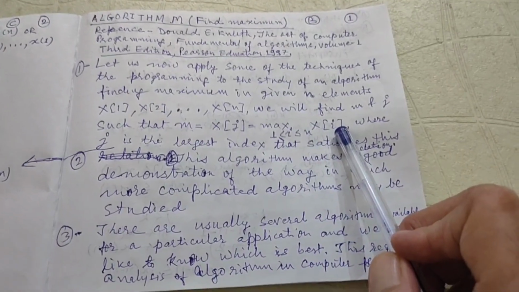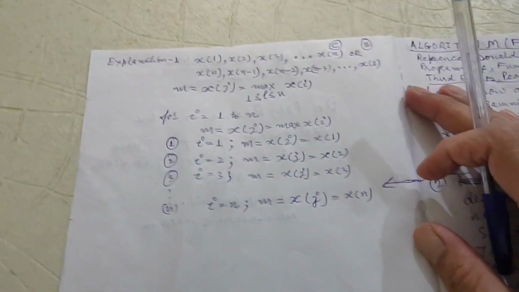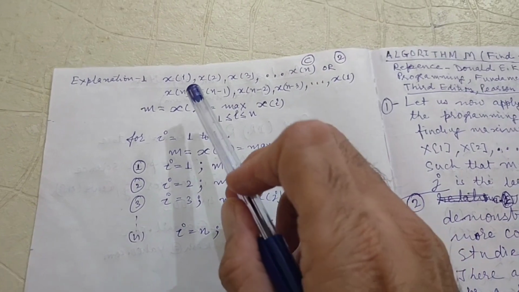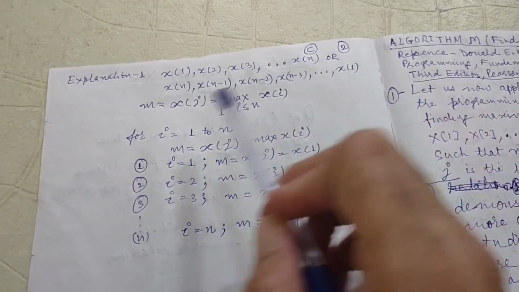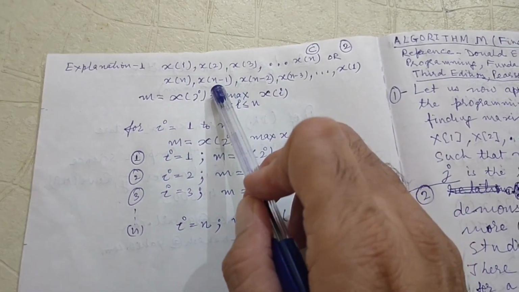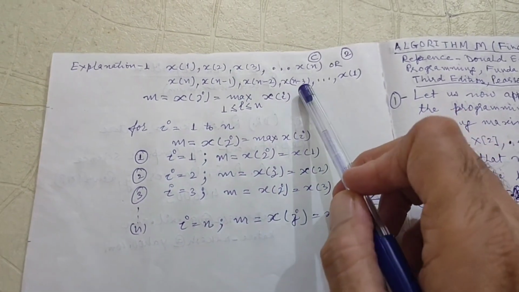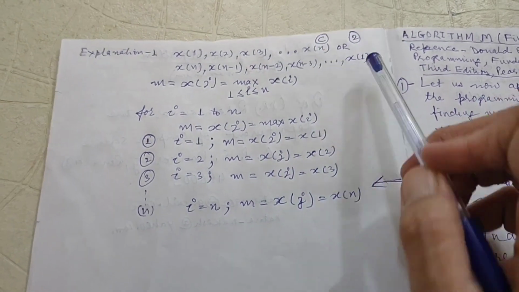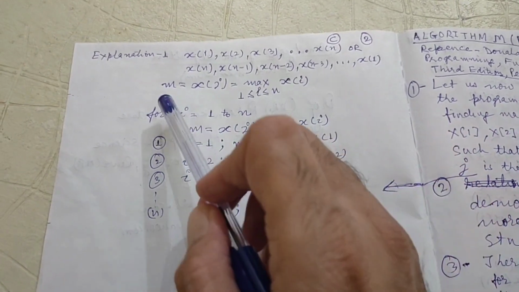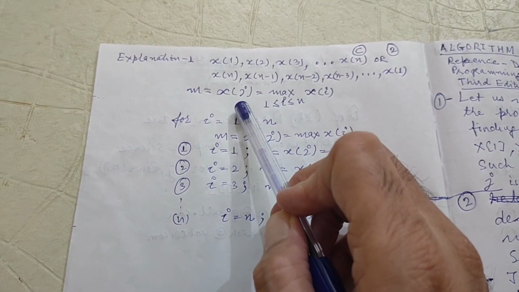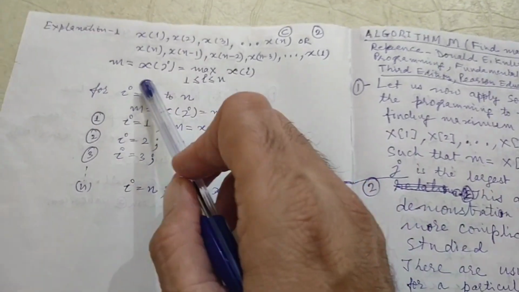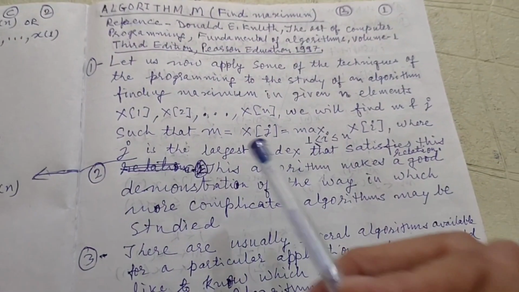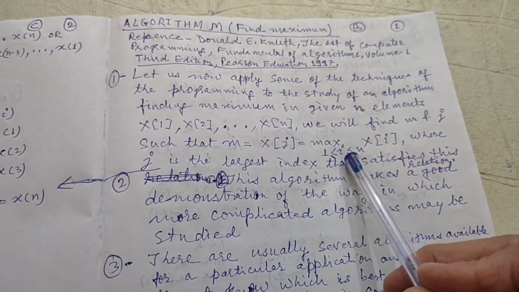What does it mean? It means x1, x2 up to xn, or xn, xn minus 1, xn minus 2, xn minus 3 and x1. m is equal to xj is equal to the maximum of xi.